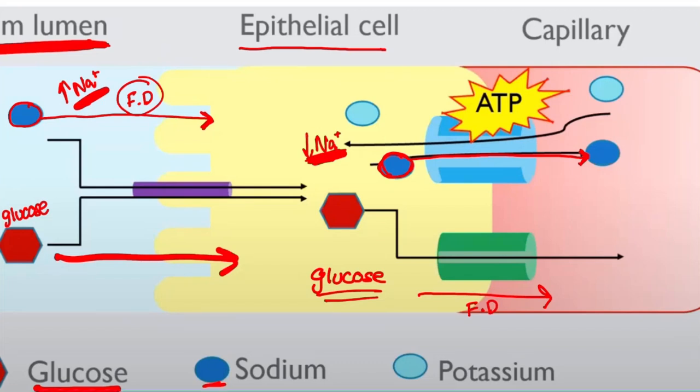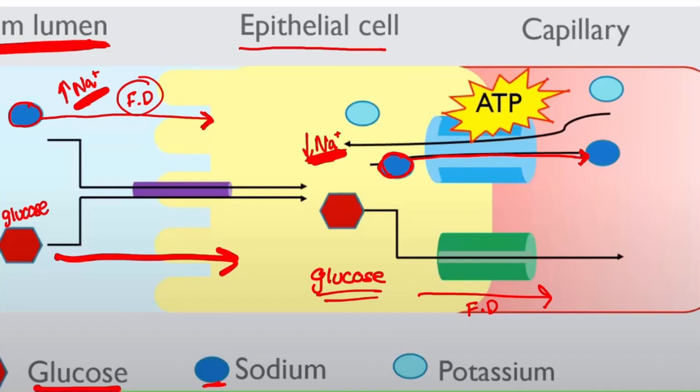And then it can be carried away by the capillary to be stored in certain places for energy. That's why it's really important to have this process of co-transport, because if we don't have it, we're not going to be able to absorb the glucose from our small intestines.